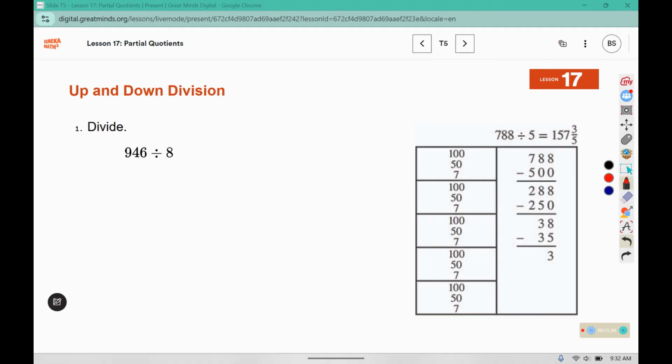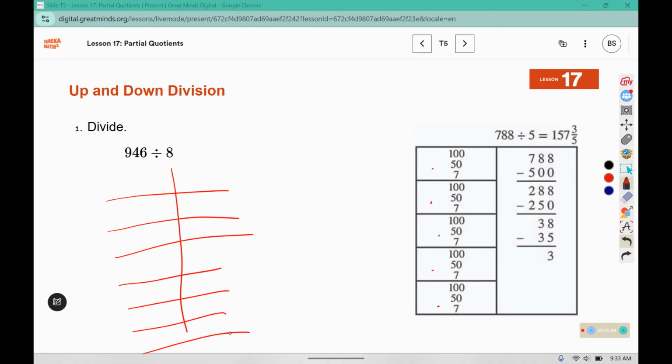So we're going to use a similar method to divide 946 by 8. Instead of 5 boxes, we're going to have 8. So we're going to first start out by giving them 100.